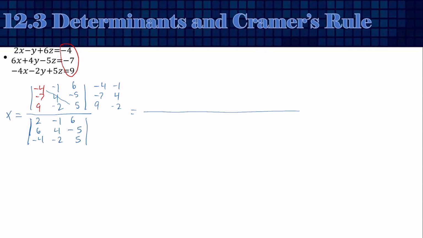So that's negative 4 times 4 times 5, which is negative 80, I think, plus negative 1 times negative 5 times 9, which should be 45, plus 6 times negative 7 times negative 2, which is 84, minus, let's go up, 9 times 4 times 6, 216, minus negative 2 times negative 5 times negative 4, which is negative 40, minus 5 times negative 7 times negative 1, which is 35.